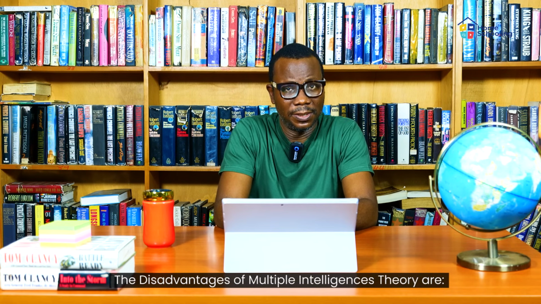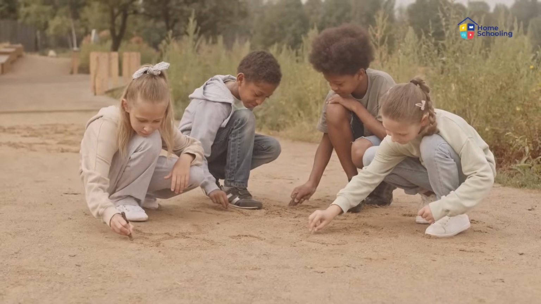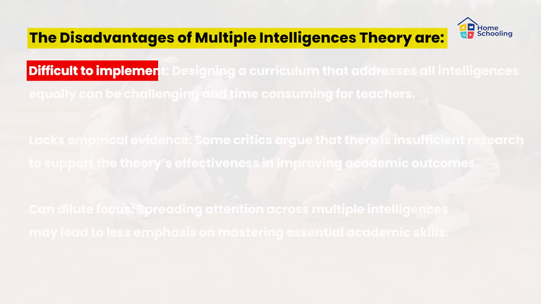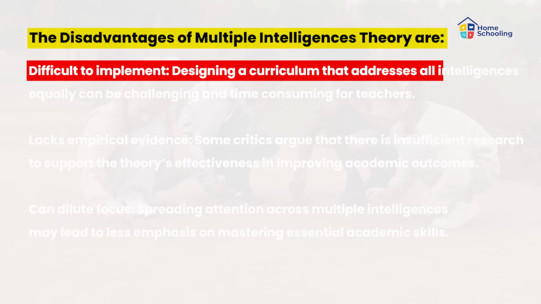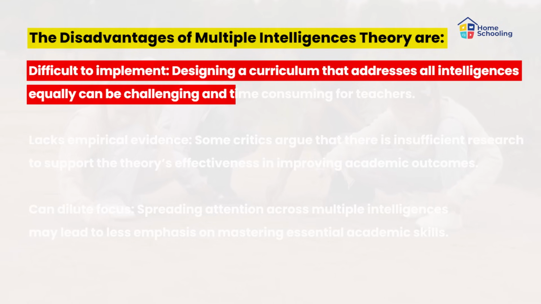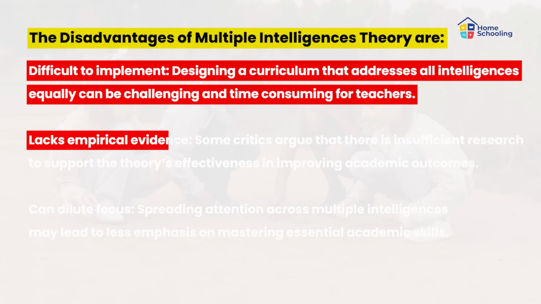The disadvantages of multiple intelligences theory are: difficult to implement. Designing a curriculum that addresses all intelligences equally can be challenging and time-consuming for teachers. Lacks empirical evidence.